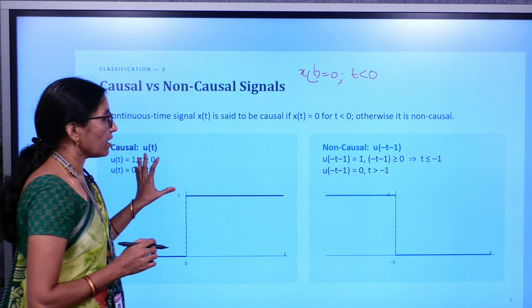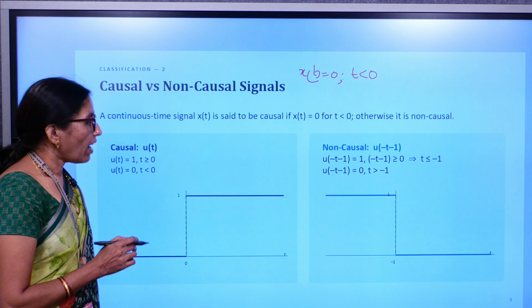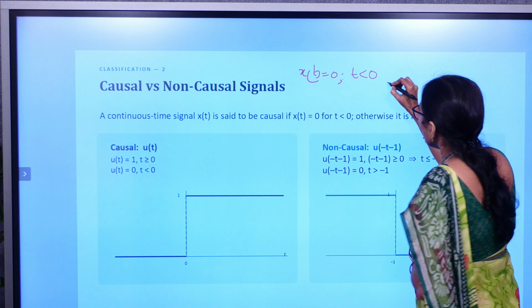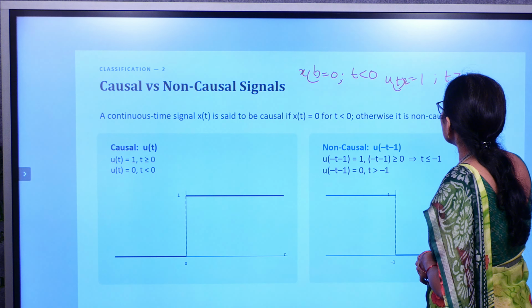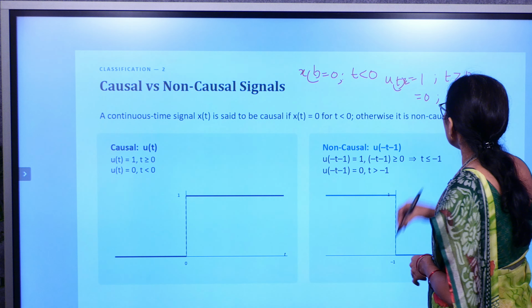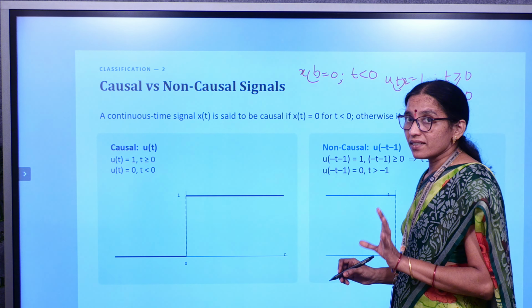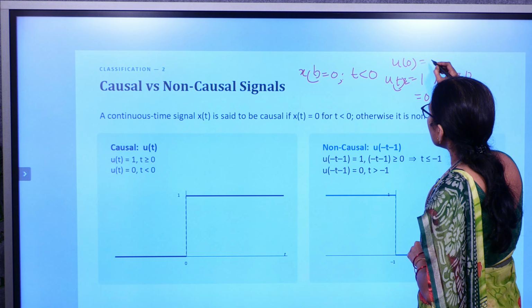Okay, and let us see about the best example. Best example for causal signal is u of t, where u of t equal to 1 for positive values of t, and equal to 0 for negative values of t. Unit step signal exists only for positive values of t, and equals 0 for negative values of t.